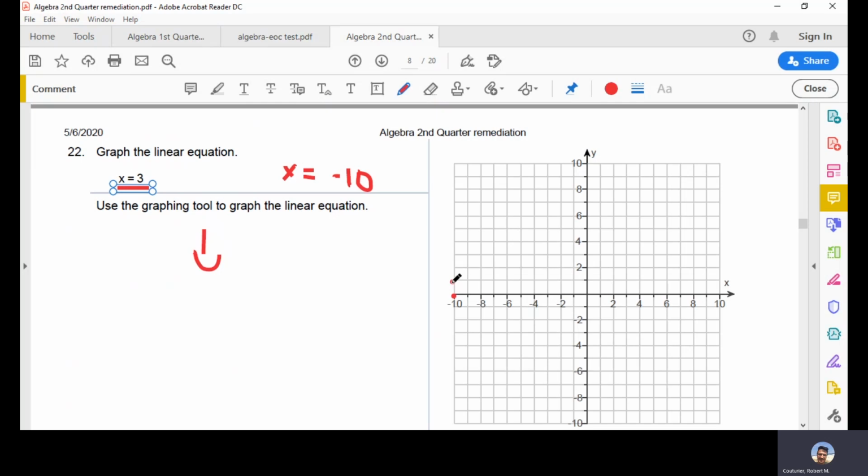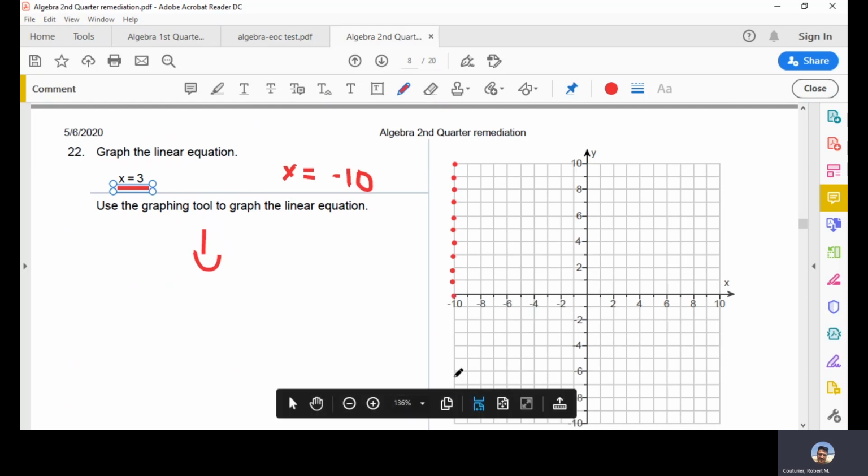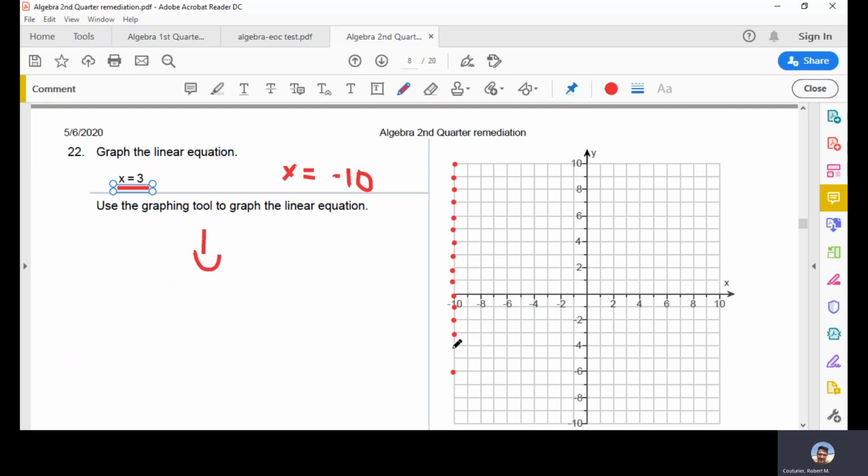And that means no matter what value of y that we have, your x-coordinate will always be -10. So it's -10, 1, -10, 2, -10, 4, -10, -6. Notice, if we were to try to do a vertical line test on this, we would fail it miserably.